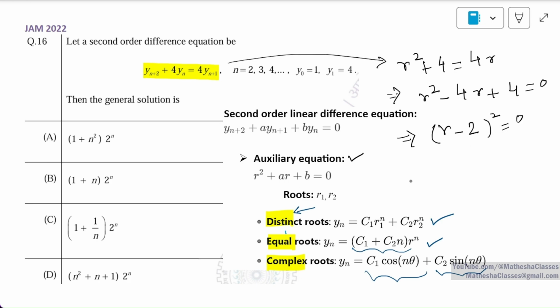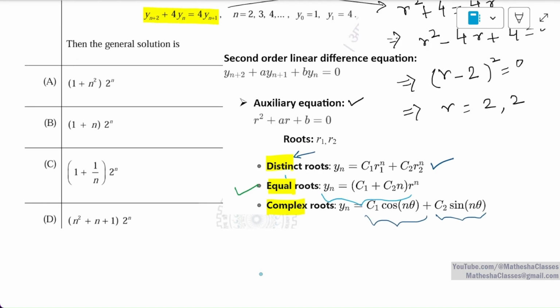That means r has two roots, 2 and 2. That means they are equal and real. So the solution will be of the form y_n = (c_1 + c_2 n) times r^n. What is r here? r is 2. So let us substitute it here, 2^n. So that is the general solution.